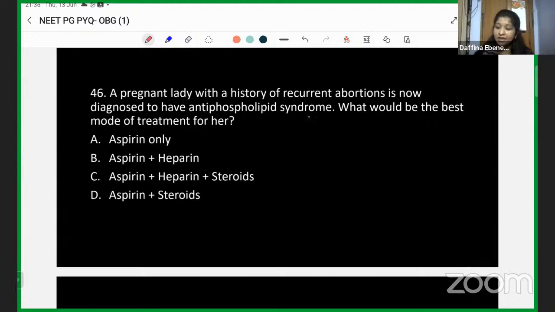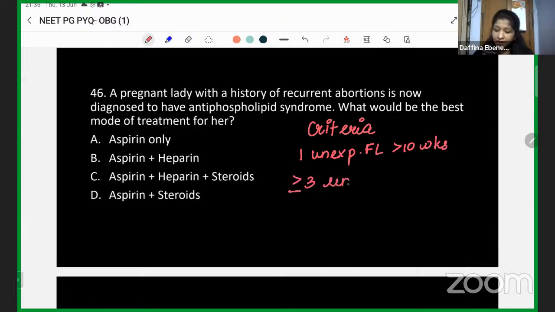Okay, what is the criteria by which you diagnose the antiphospholipid syndrome? Any one unexplained fetal loss more than 10 weeks of gestation, more than or equal to 3 unexplained first trimester abortions, less than 10 weeks.